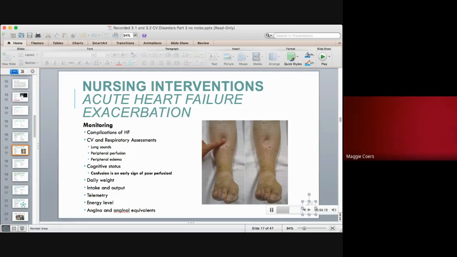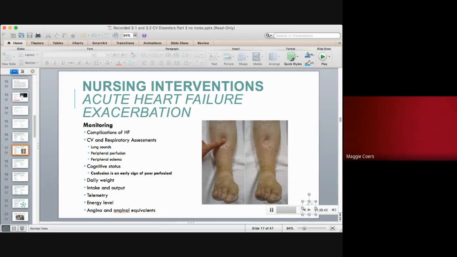We need to do really good cardiovascular and respiratory assessments with our lung sounds, making sure that all of the tissues, especially to the extremities, are perfusing, that the edema is getting better. Cognitive status is extremely important in heart failure patients because confusion is often the first sign of poor perfusion, or that the brain is lacking oxygen. If the brain's lacking oxygen, then the patient will become confused.